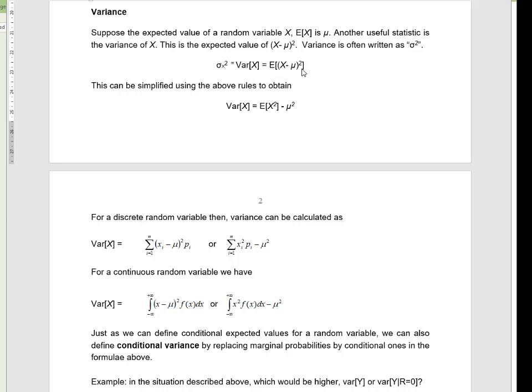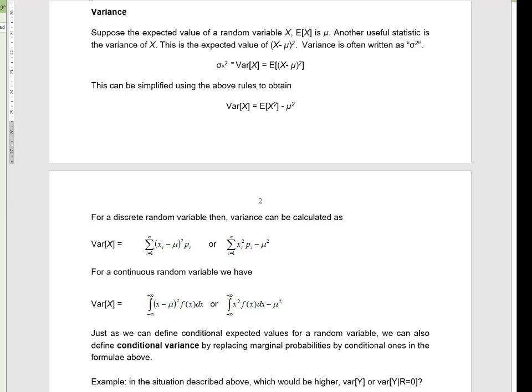This can be simplified to get this, which is often easier to calculate. So it turns out, starting with this definition, you can show quite quickly that the variance of x is equal to the expected value of the random variable squared, and then just take away the expected value squared, mu squared. And I'll show you how to do that to justify it.